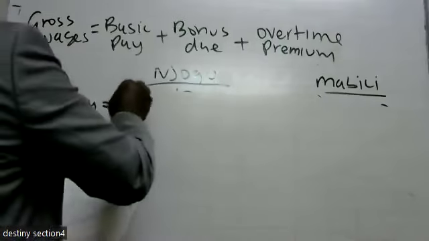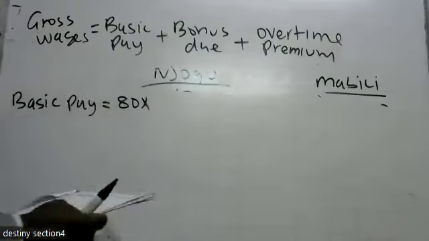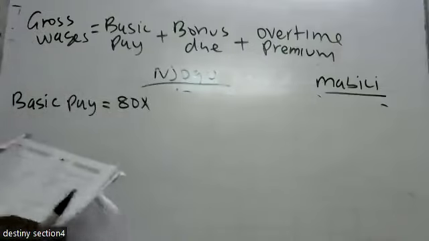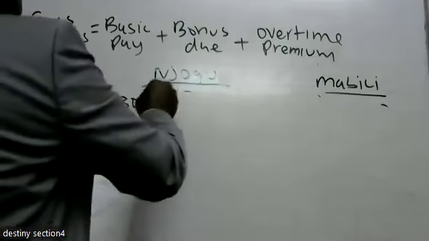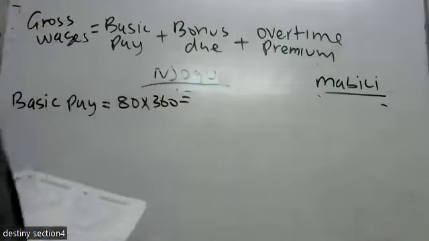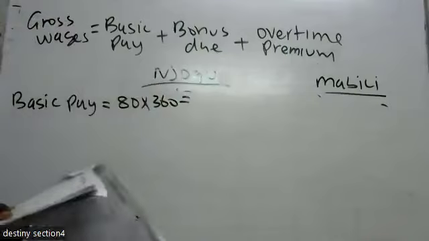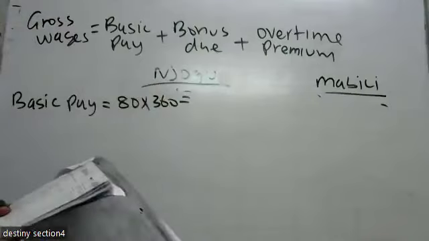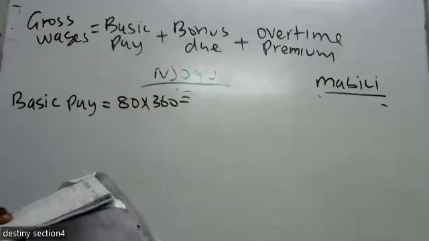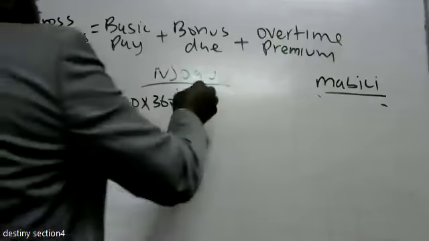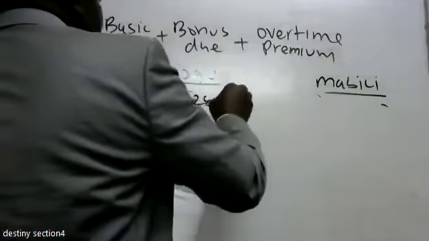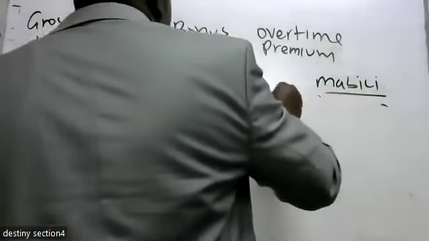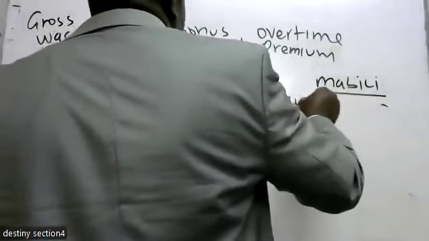So you take the 8 hours multiplied by the basic wage rate, which was 360. That should be now the basic pay for Jogo, 2,880. Also Mabili, where you still take 8 multiplied by 360.